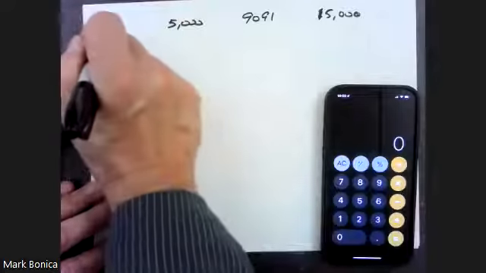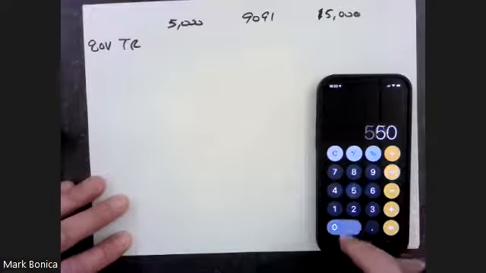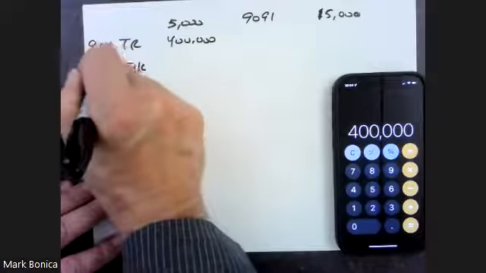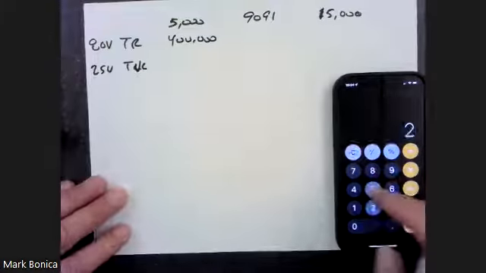So total revenue is going to be 80V, right? So 80 times 5,000 is 400,000. Total variable cost is 25V, so 25 times 5,000 is 125,000.